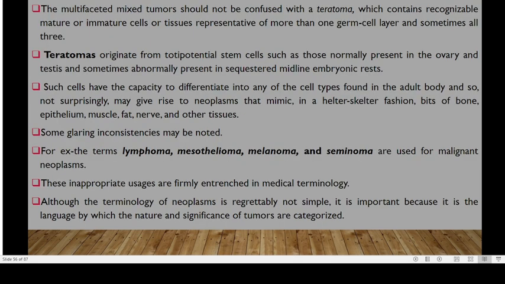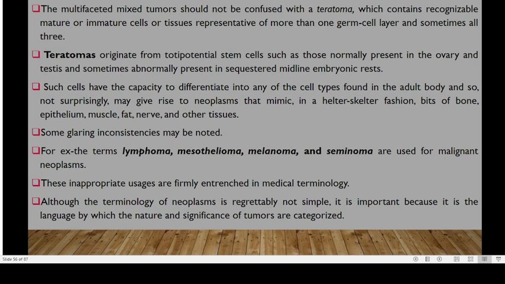The multifaceted mixed tumors should not be confused with the teratomas. Teratomas, remember, contain recognizable mature or immature cells or tissues representative of more than one germ cell layer, and sometimes all the three.